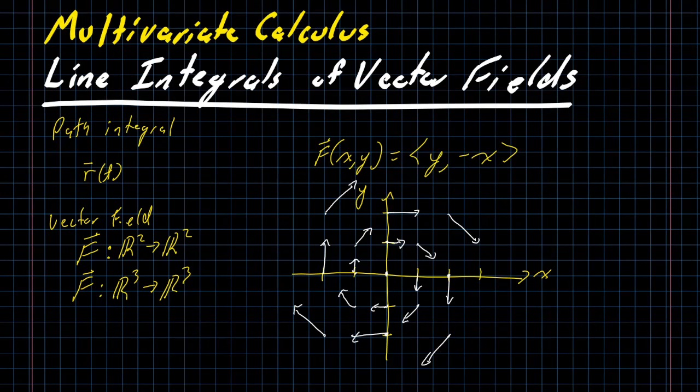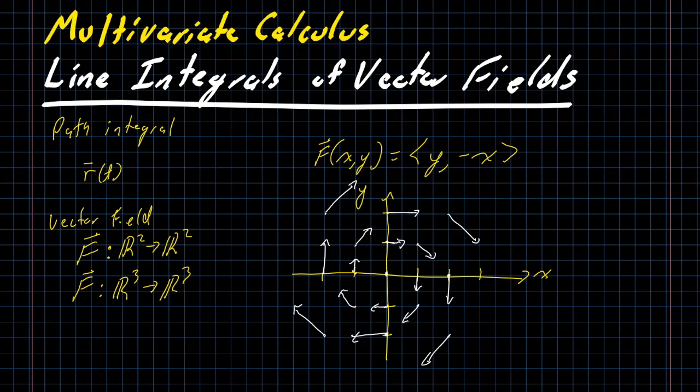So a vector field assigns at every point in the curve, or every point in space, a vector. We've mentioned a specific kind of vector field previously. That was the vector field that was created by evaluating the gradient of a scalar function. Vector fields that are formed that way are called conservative vector fields. We're going to be talking a lot more about them.